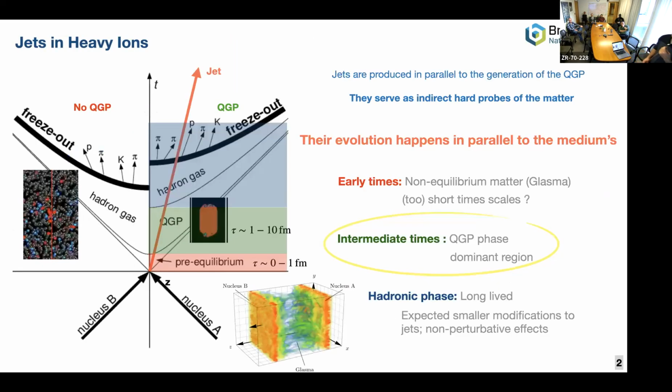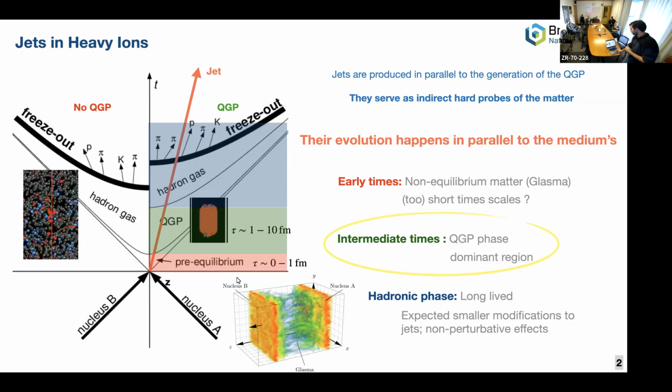Okay. So as I said, the goal of jet quenching is not to study just the modifications of jets, but to try to infer from the modifications that we see on the jet spectra what happened in the evolution. In this plot, what I'm showing is the evolution of a jet, which I will show afterwards, as this collision happens, and essentially the modifications to the jet can happen in 3 different stages.